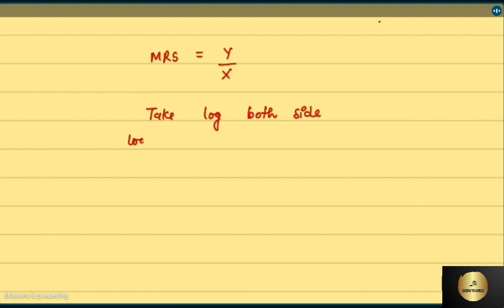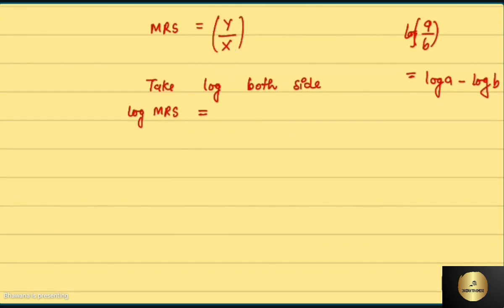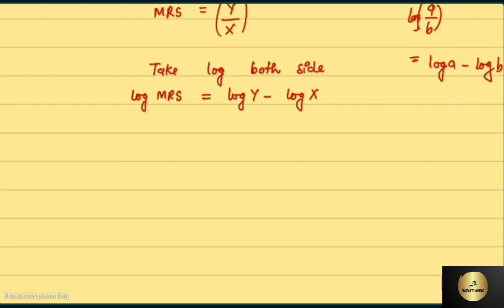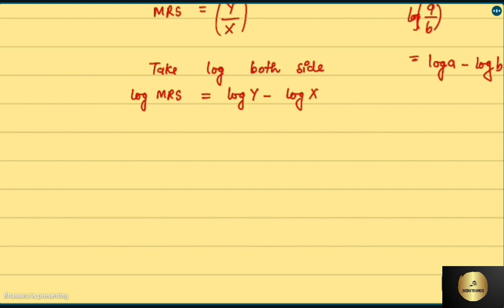Okay. Log MRS. In this form, when we take the log, log of a by b becomes log a minus log b. So we'll get log y minus log x. And we can simply write it like this, no need to write them separately, because we only need it in the form of y/x.